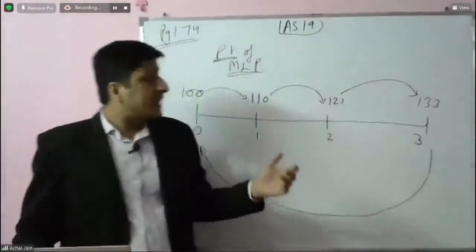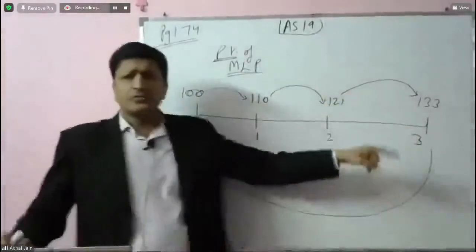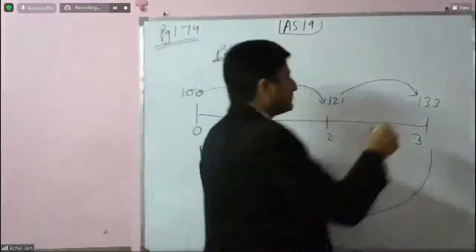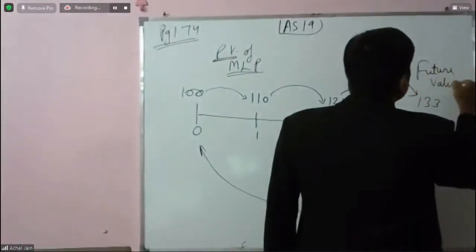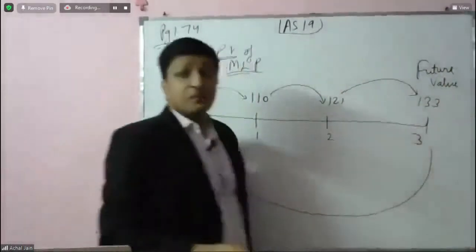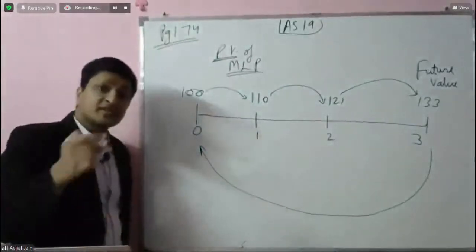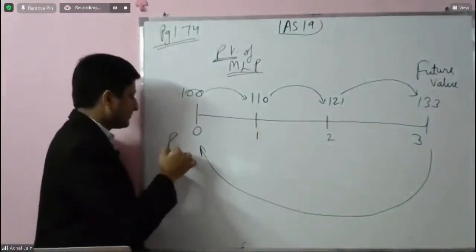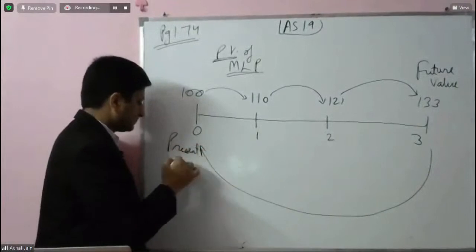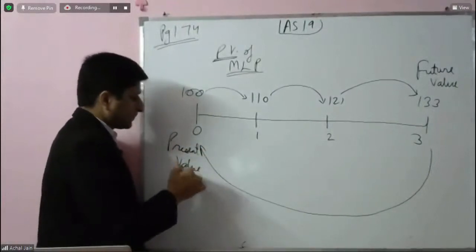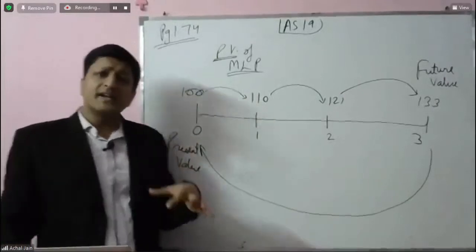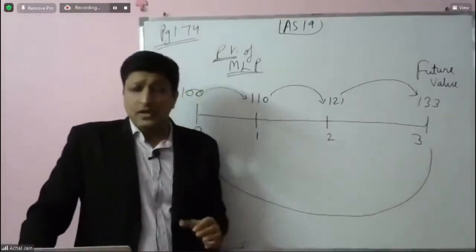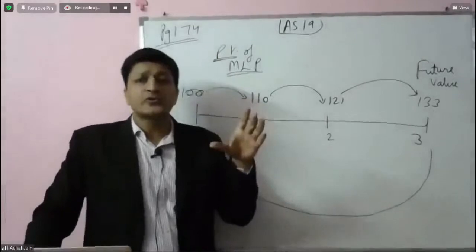This indicates that from the future value, this is the future value, from the future value, we are bringing this amount to its present value. Or you can say, we need to unload the interest which is involved in this. We need to take out the interest portion from this.